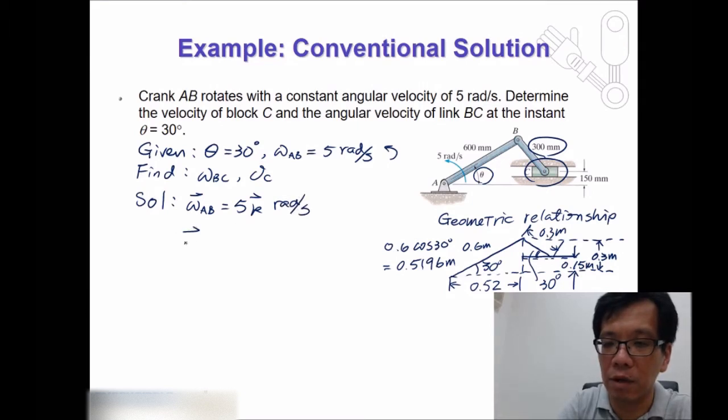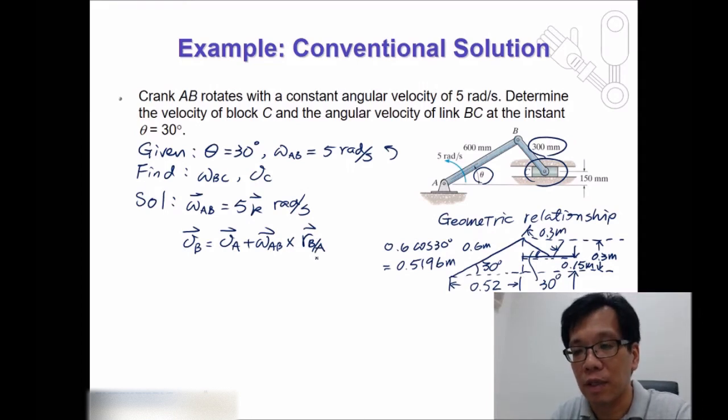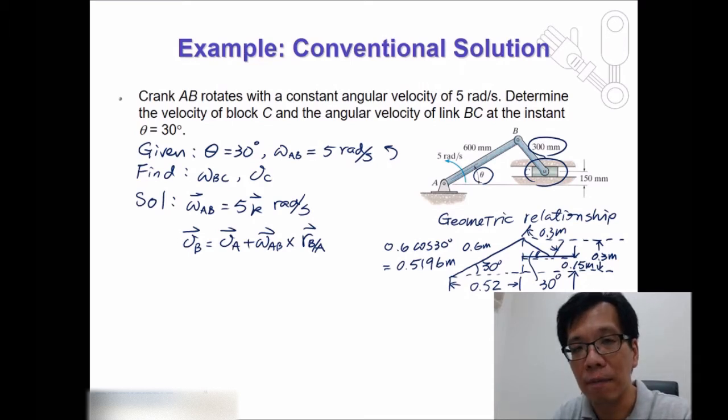Then I can come up with my VB, that is going to be VA plus omega AB cross product RB over A. This specific setup over here is you want to find the relative velocity at point B based on the observation at A. This is important when you are dealing with the problem in dynamics. If you fail to identify what's going on in your system, then it would be very likely you're going to get the wrong answer.